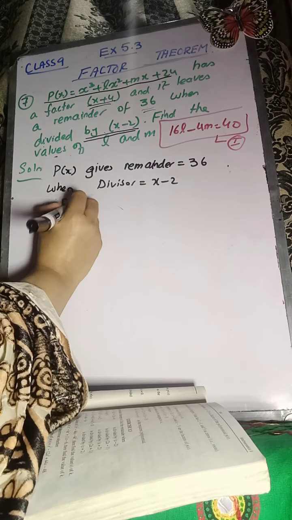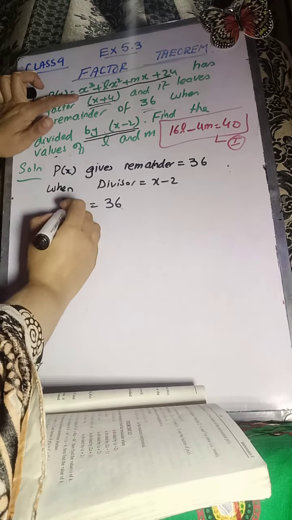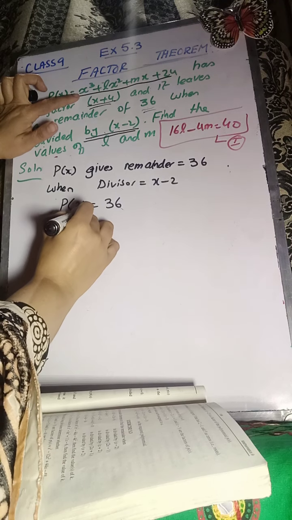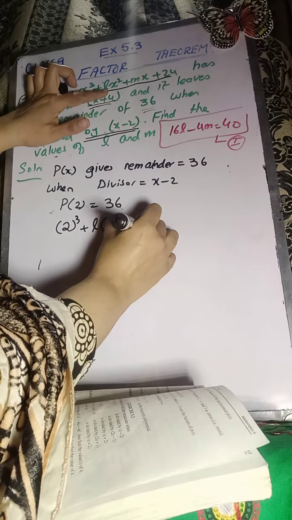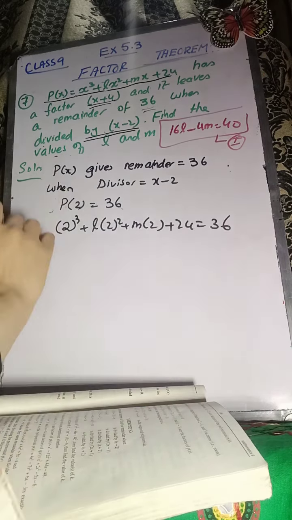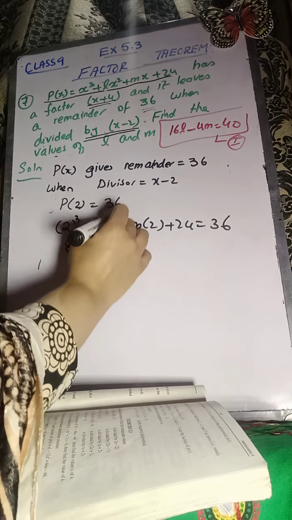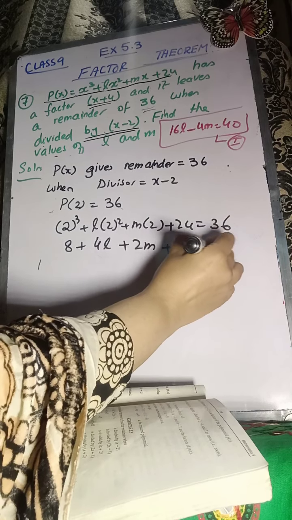It means that p of 2, which will give us the remainder, should be equal to 36. So we are going to find p of 2, and then make it equal to 36. This p of 2 will be 2 cube plus L 2 square plus m 2 plus 24, and this should be equal to 36. 2 cube is 8. This will be 4L plus 2m plus 24 is equal to 36.